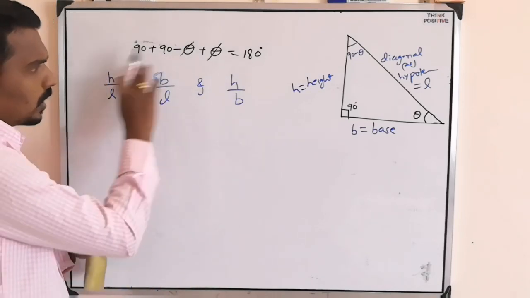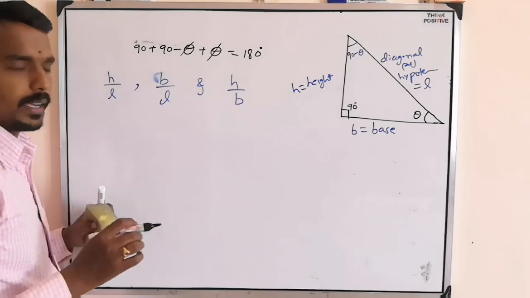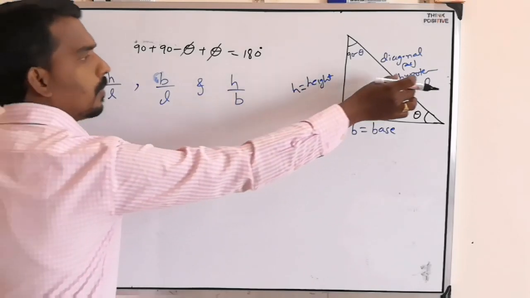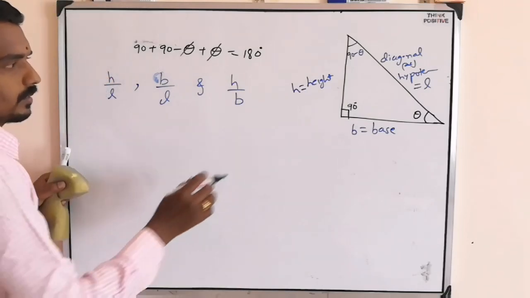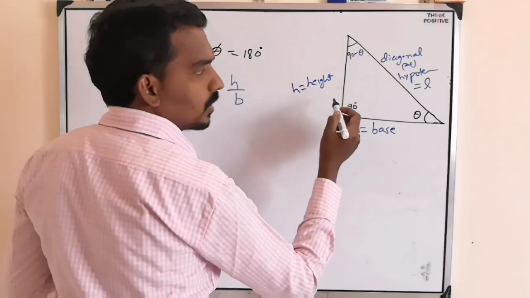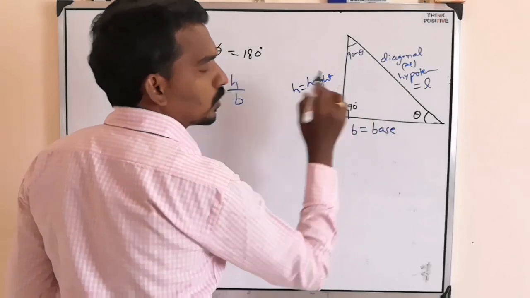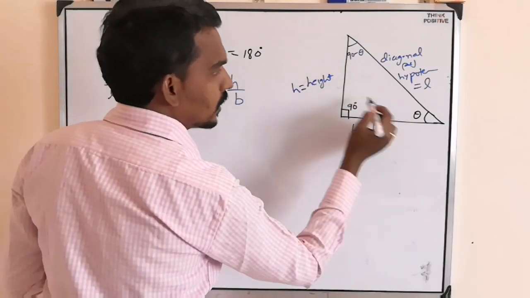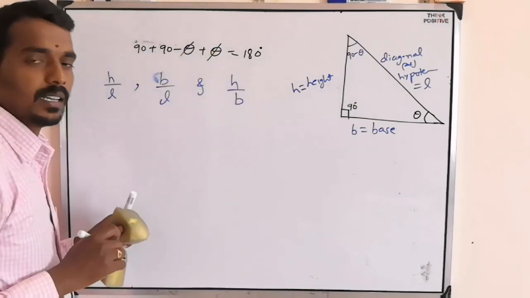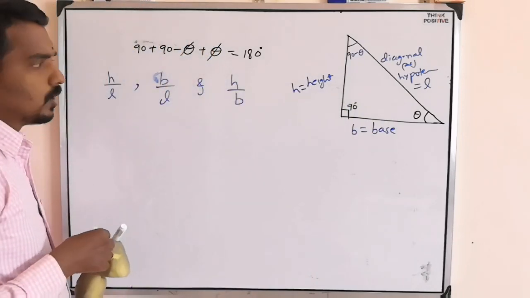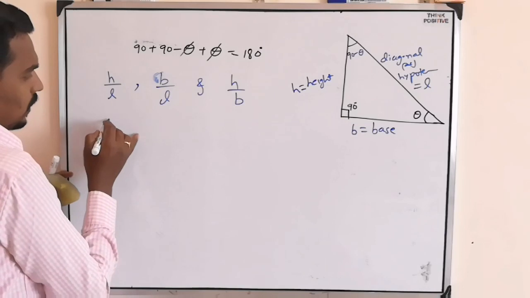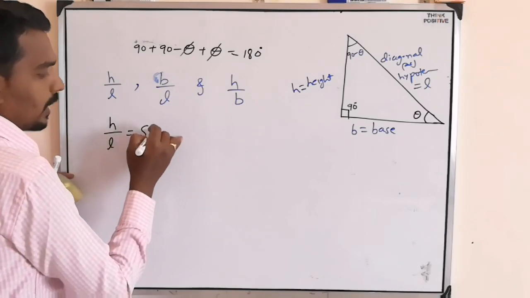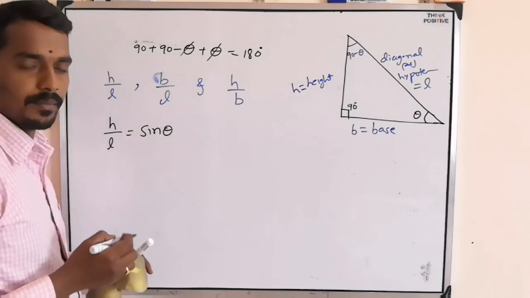So what are these ratios they defined? If you consider height by hypotenuse, height must be taken as the side opposite to theta. So height by hypotenuse they defined as sin theta.